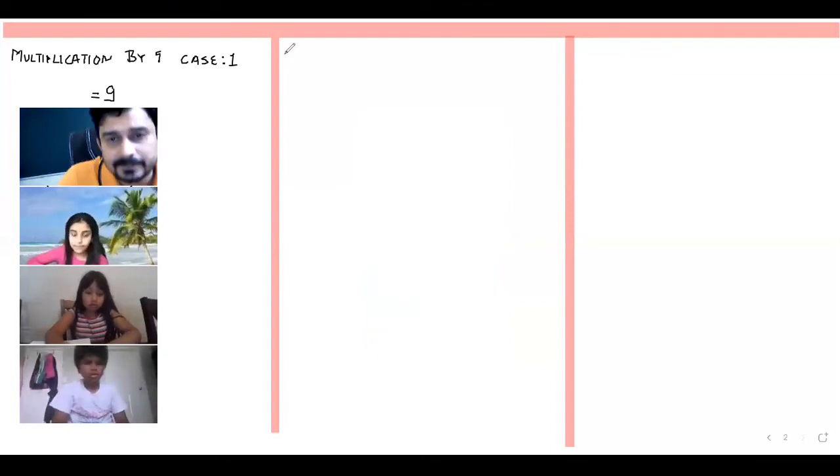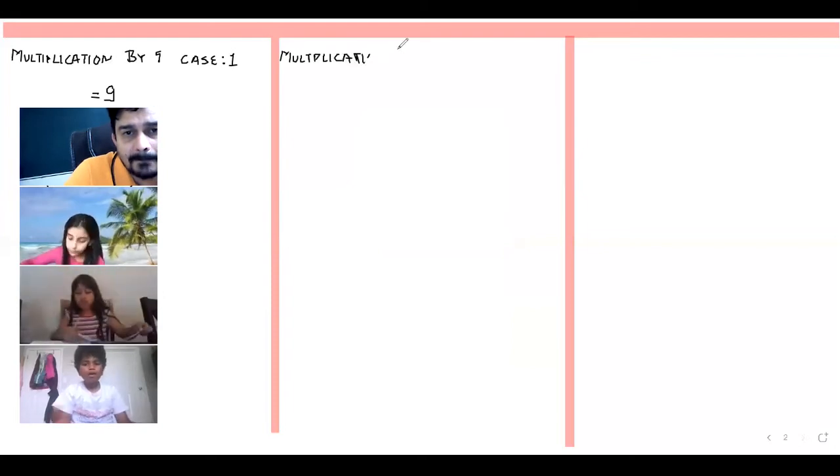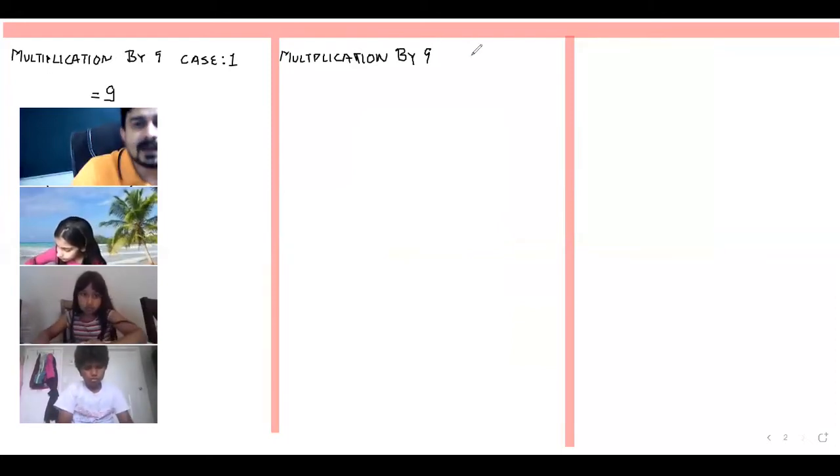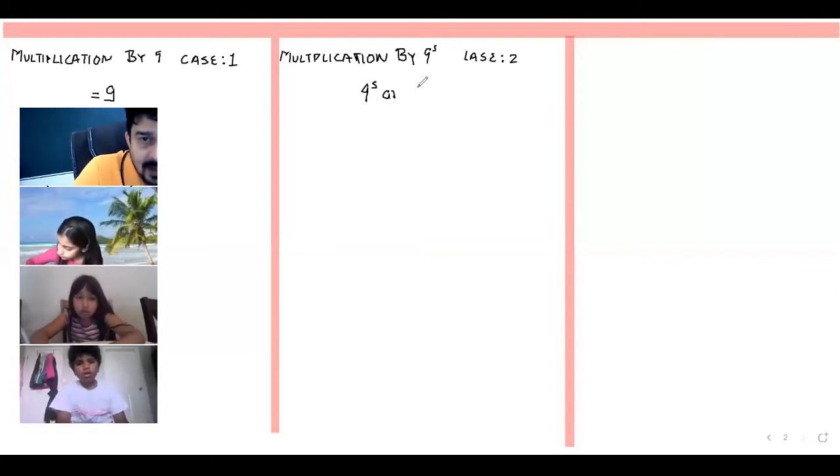Multiplication by 9, case 2. In case 2, 9s are more, or we can say extra.